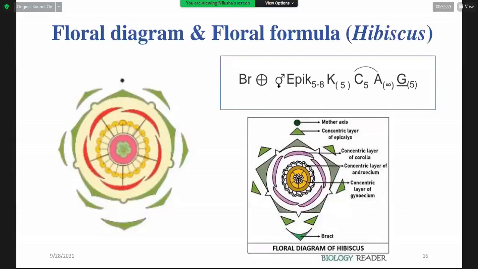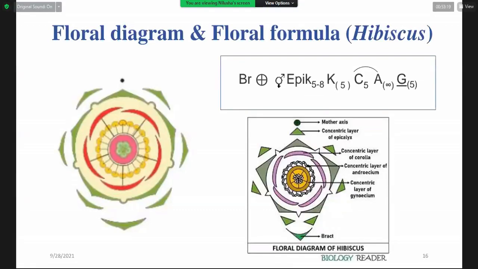In the androecium, I already told you about the staminal tube. On the staminal tube, there are numerous filaments with reniform anthers, surrounding the entire staminal tube in a circular manner.